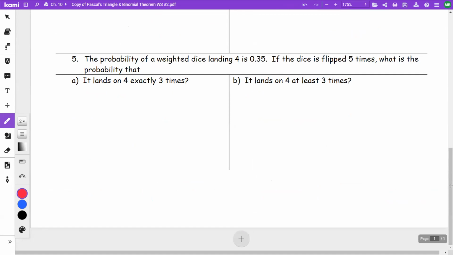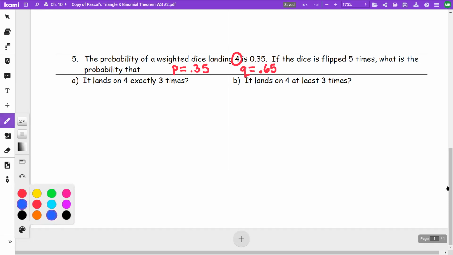Then, it lands on 4 at least 3 times. Okay, so p is going to be 0.35, which is the probability of getting a 4. q is going to be 0.65, which is the probability of not getting a 4.